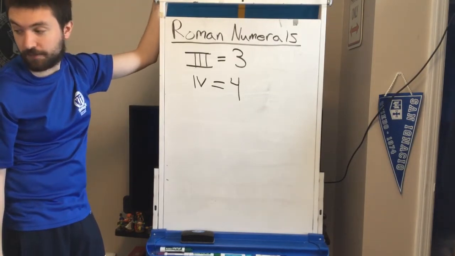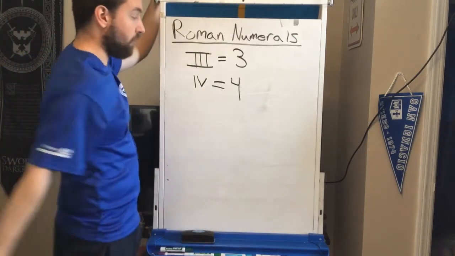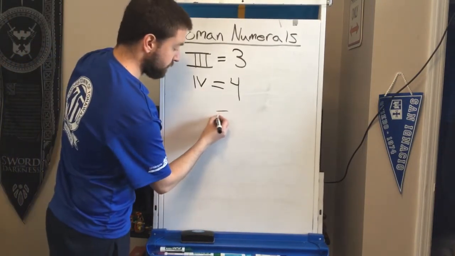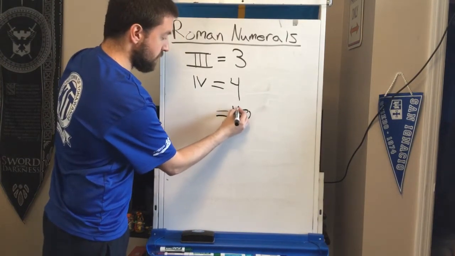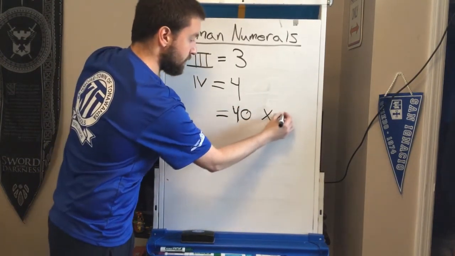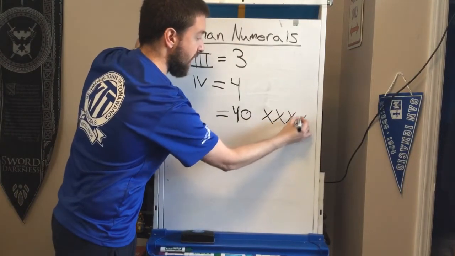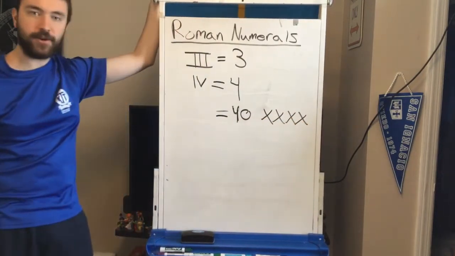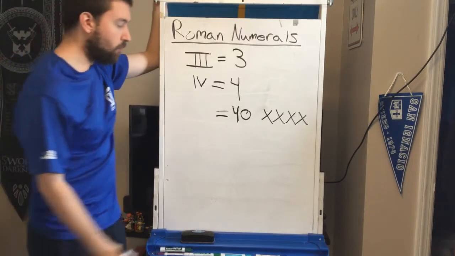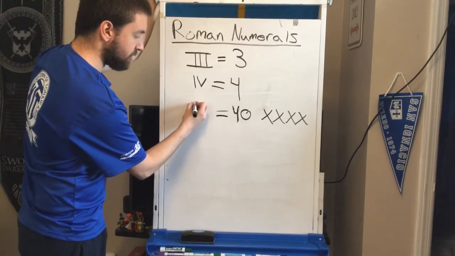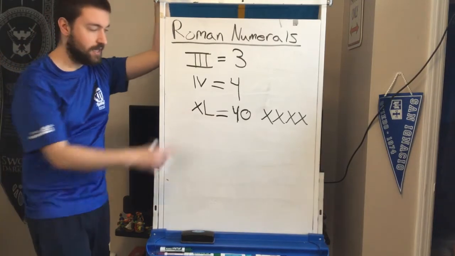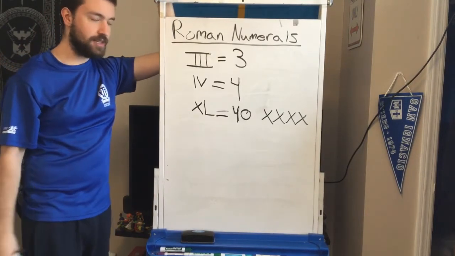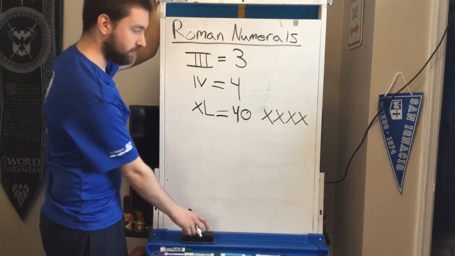So for example, if this is 4, if I want to write 40, I could write X, X, X, X. But you're not going to see that. What you're going to see is 10 before 50. XL. That equals 40.